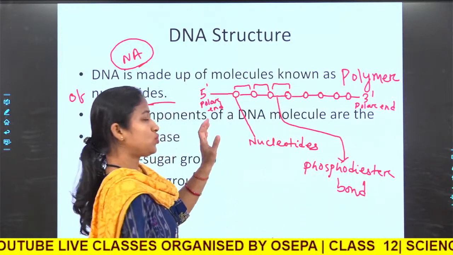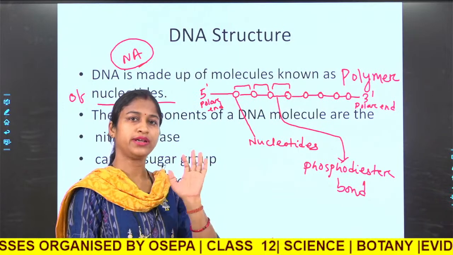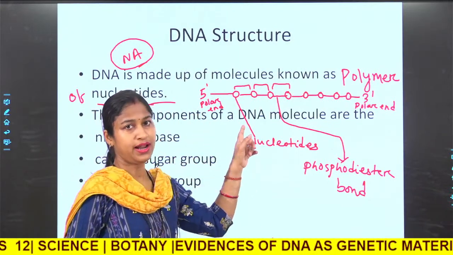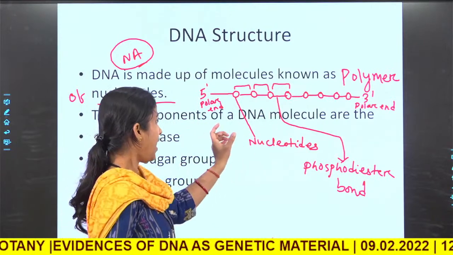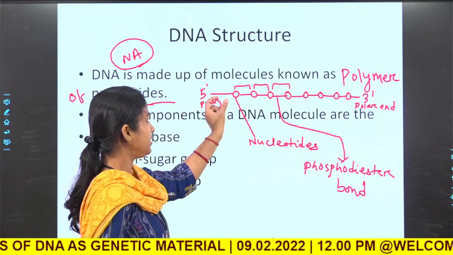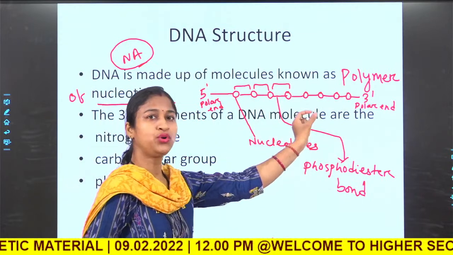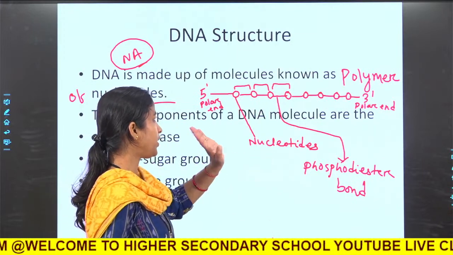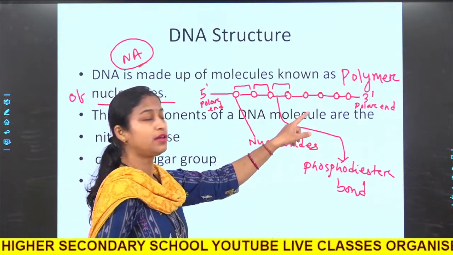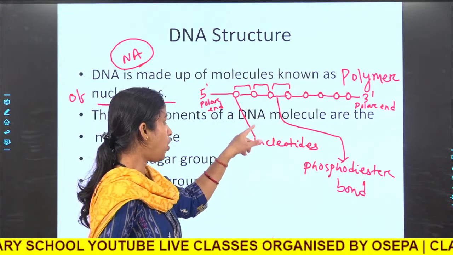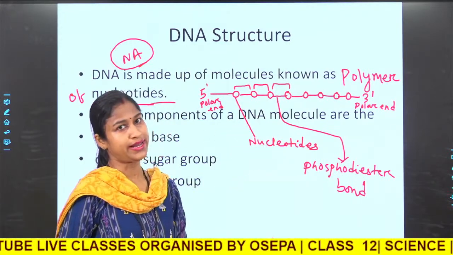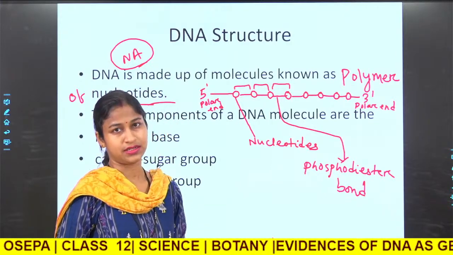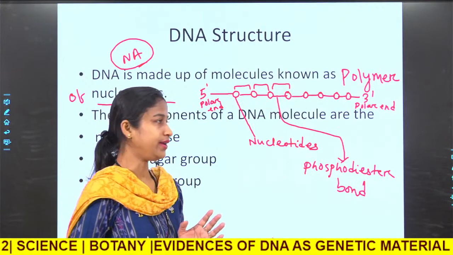Any nucleic acid, whether DNA or RNA, has a 5 prime polar end and a 3 prime polar end. From the 5 prime end, many nucleotides are joined together by phosphodiester bonds. So this is the basic structure of any nucleic acid, whether DNA or RNA.